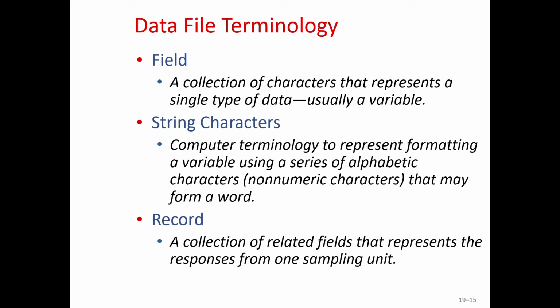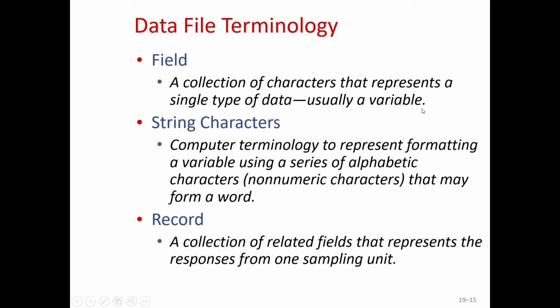A field is a collection of characters. A character is a single number, letter, or special symbol, such as a question mark, that represents a single piece of data, usually a variable. Some variables may require a large field, particularly for text data. Other variables may require a field of only one character.